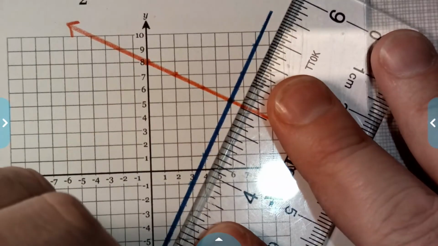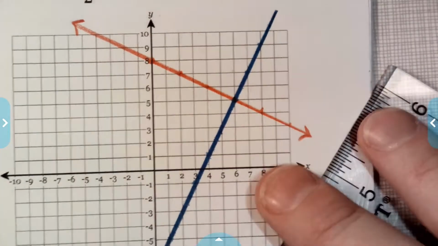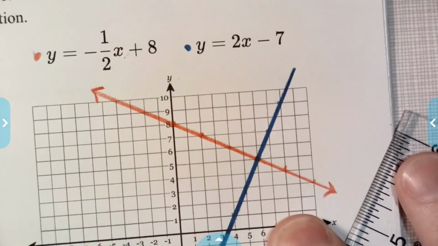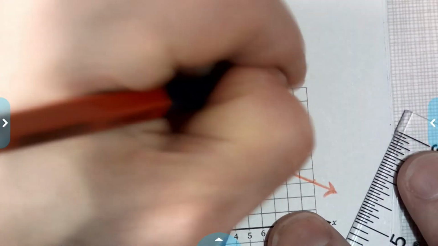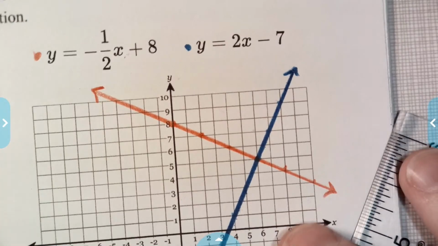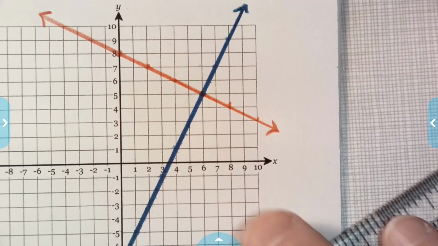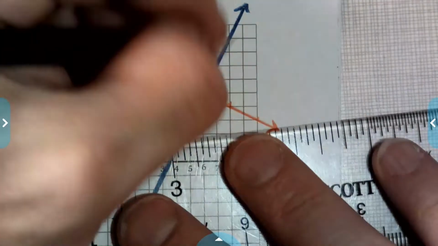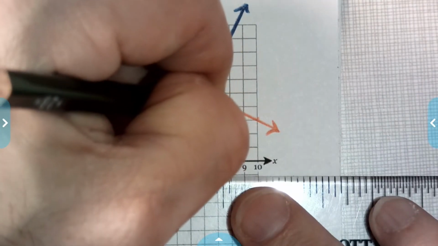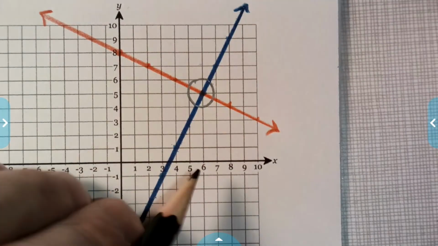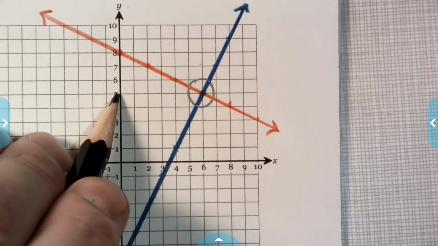Okay. You want to make sure that your lines extend beyond the edge of the graph and that you put arrowheads there. And so now we identify the intersection point as the solution to the system of linear equations. So it's this point right here, and that's at 6, 5.